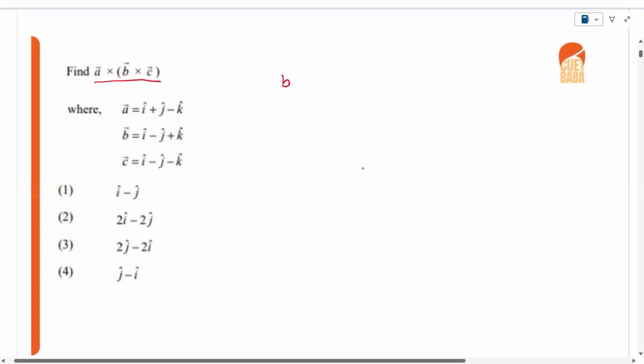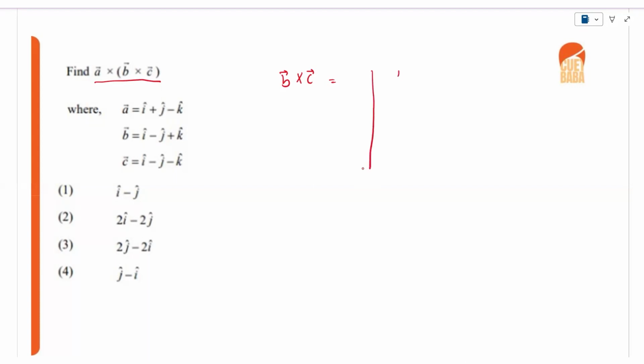So for that, first we will calculate B cross C vector, and that is equals to, we will use the matrix method to calculate B cross C, I cap, J cap, K cap, and for B vector is 1, minus 1, 1, and C vector is 1, minus 1, minus 1.